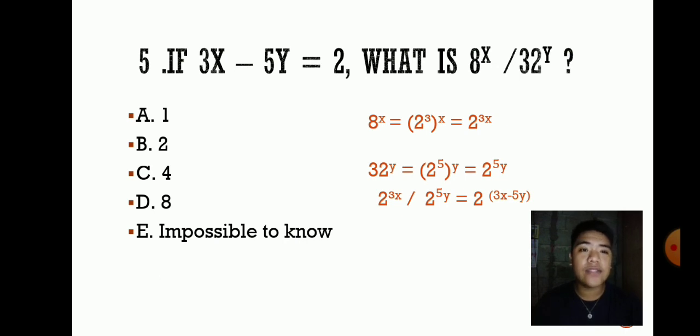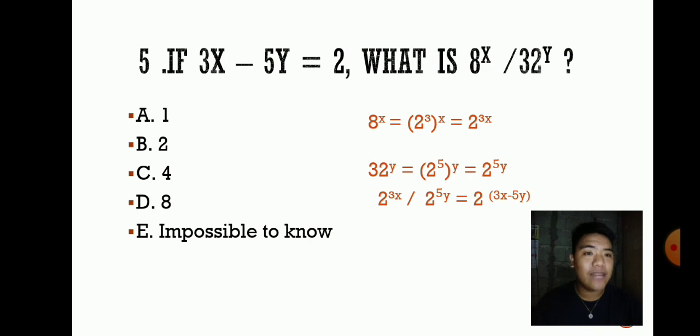So 2 raised to the power of 3x divided by 2 raised to the power of 5y is equal to, since both have the same base, we can get the difference of their exponents. Copying the base 2, then raised to the power of 3x minus 5y. And by the given, 3x minus 5y is equal to 2.